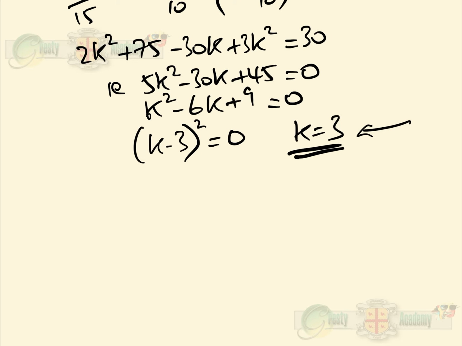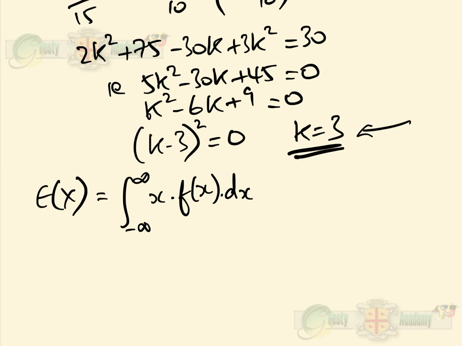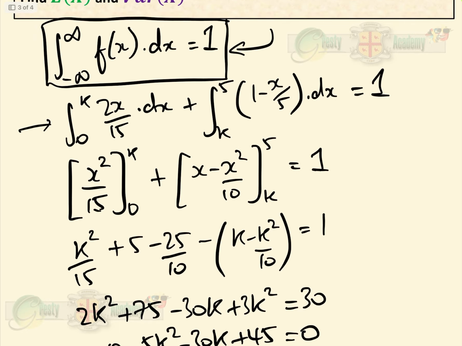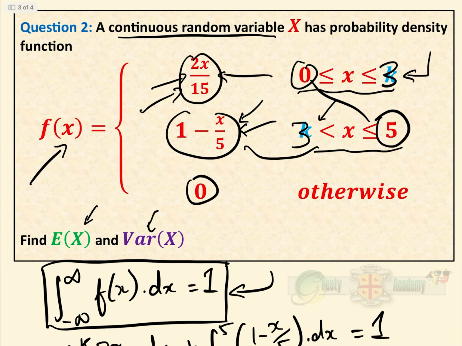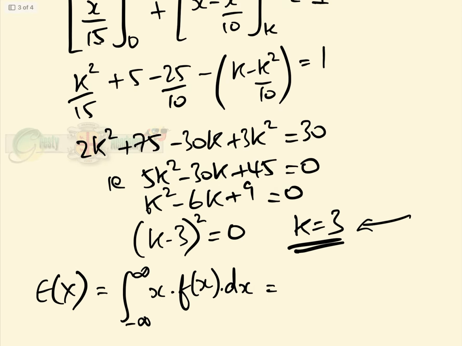Right, so basically now we can go ahead and work out the expected value of x, which is equal to the integral between minus infinity and infinity of x times f of x dx. Okay, and again, we have to do this piecemeal. So we have to integrate this part of the probability density function between 0 and 3, and this part of the probability density function between 3 and 5.